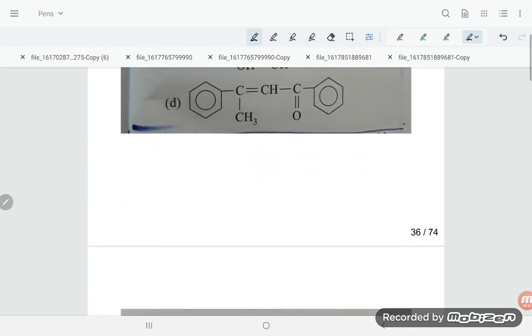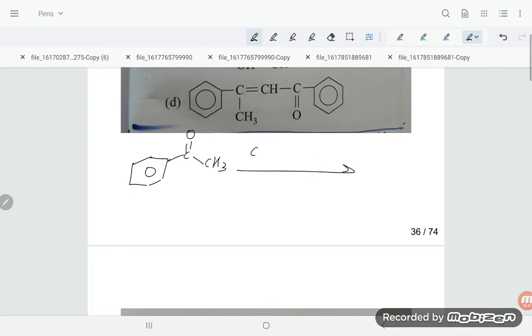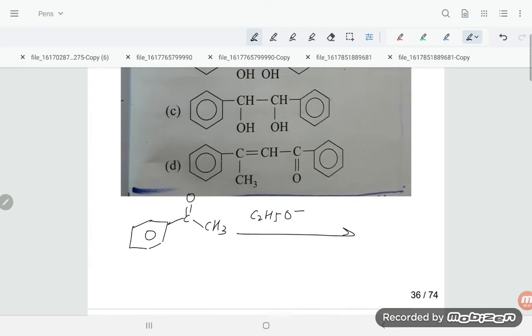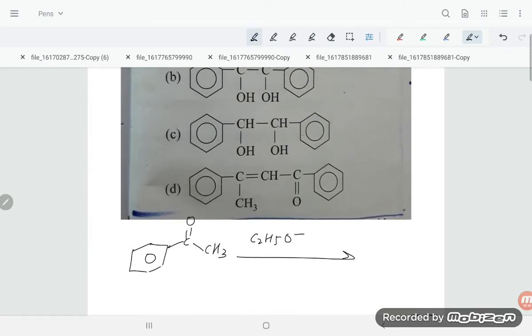So let us try to write out the equation. This is acetophenone, COCH3. You are going to treat it with C2H5O negative, dear students, so let us have a look at what compound you are going to form.